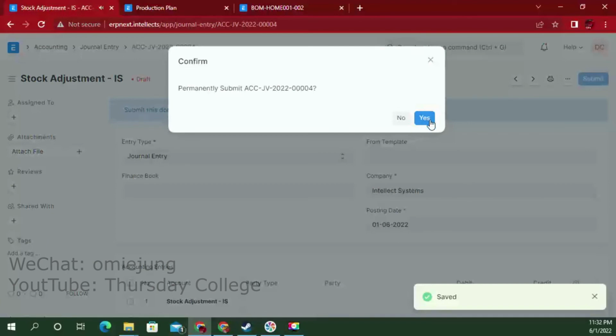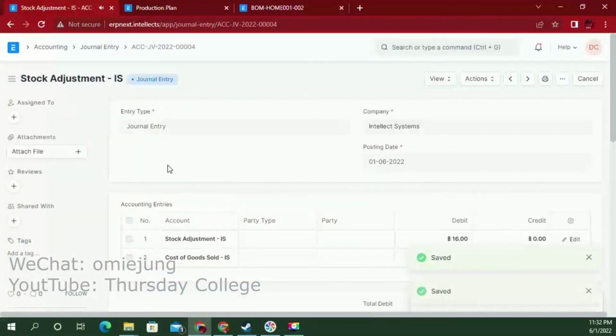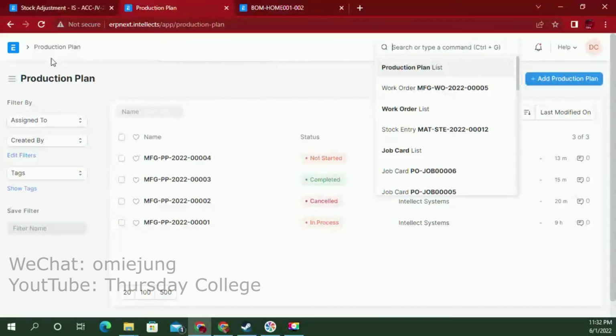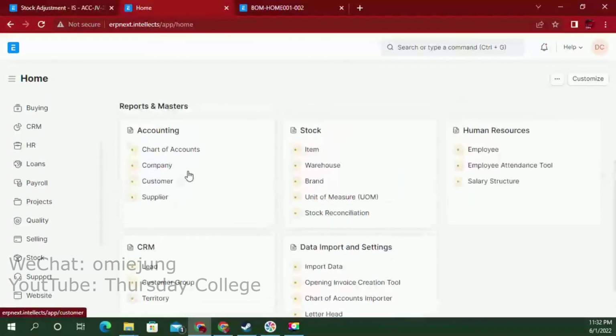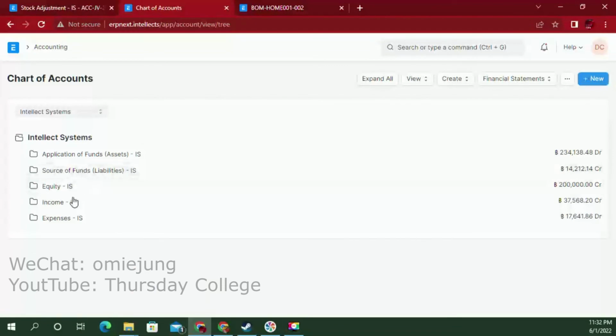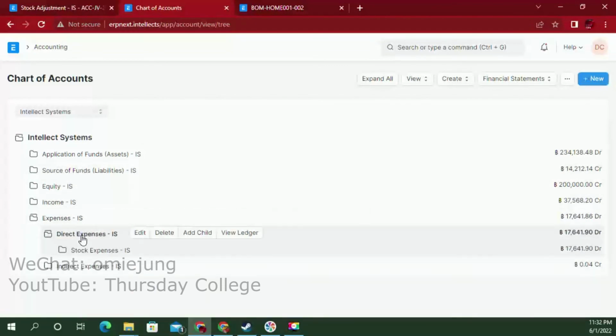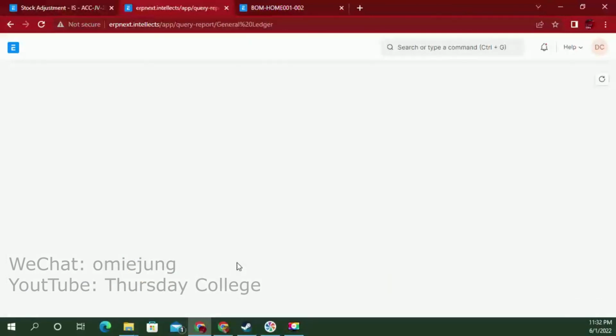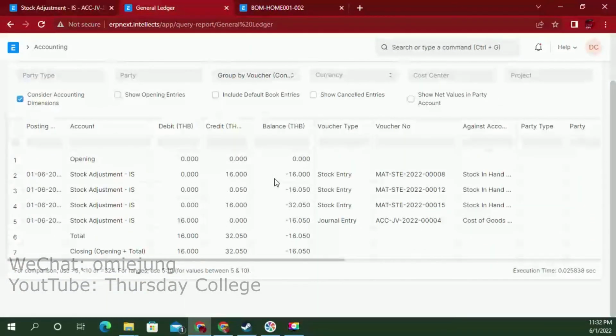the stock adjustment is done, and when you come back and look at the chart of accounts, you will not have the stock in here; here is the stock adjustment. After we do the stock adjustment, it just balances this out.